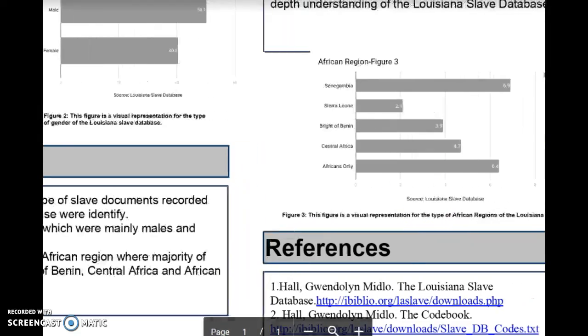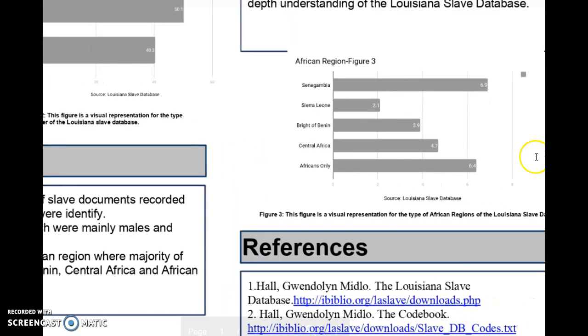Now, if you can see, Senegal, 6.9% came from that region, and African only was not identified as a region, but just African only.